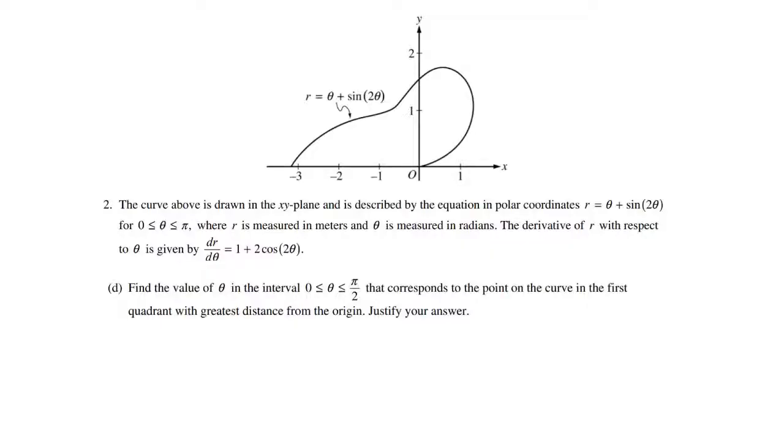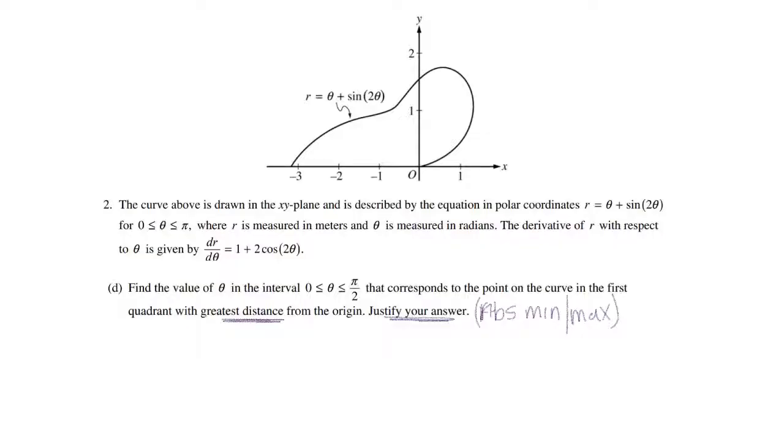When I see greatest distance and justify my answer, I think about absolute mins and maxes, because this is very similar to that. We're looking for a greatest distance, so we need to think about where our r value is the longest, because that's going to be our greatest distance from the origin.